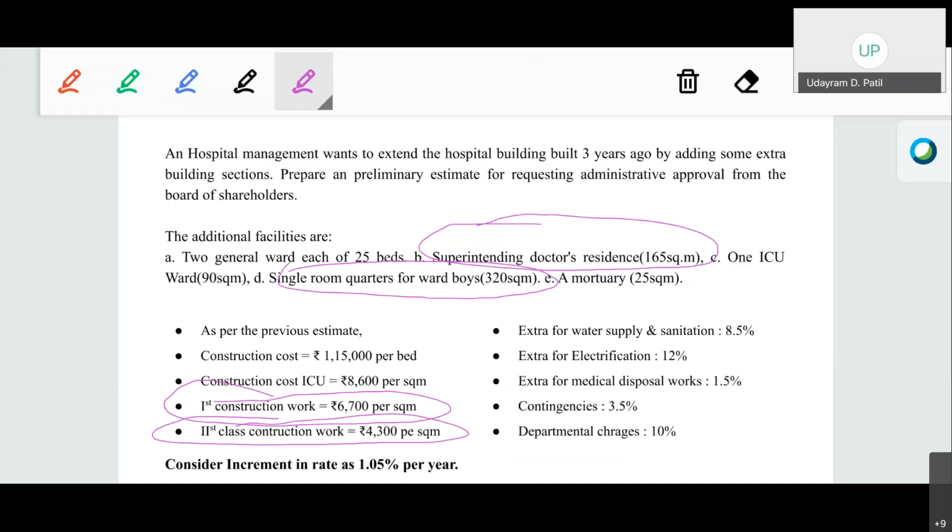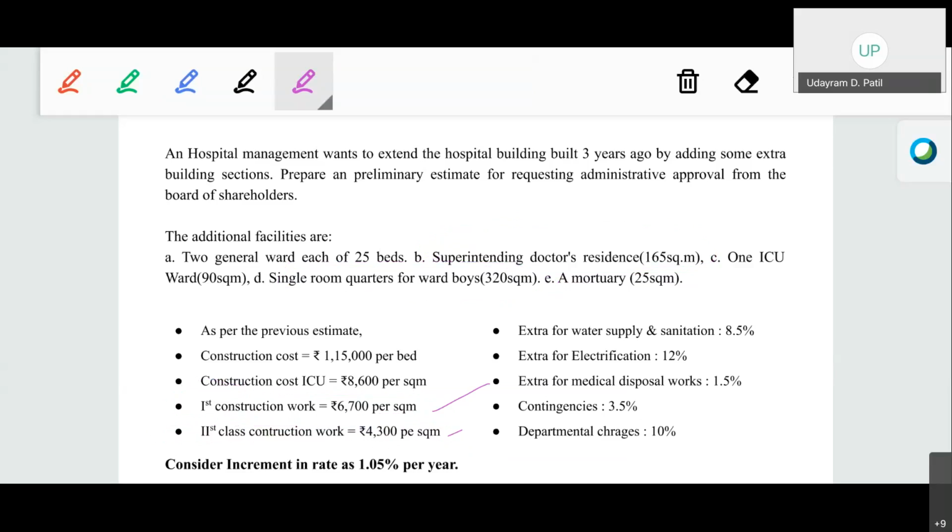So in this case, as nothing is given, we have to suppose that for the superintending doctor's residence and for the mortuary we are going to use first class construction work, whereas for the ward boys we are going to use second class construction work.